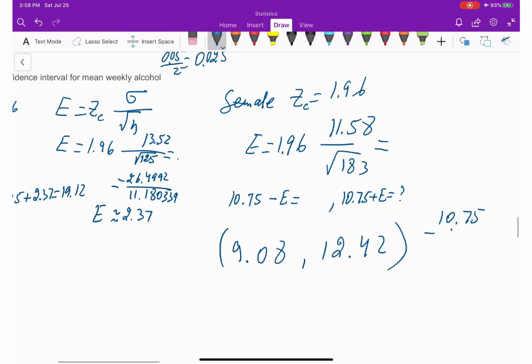10.75 if I do minus 9.08. So 15 minus 8 is 7, here is 6, 10 minus 9 is 1. You should get 1.67. That's how much would be your margin of error.